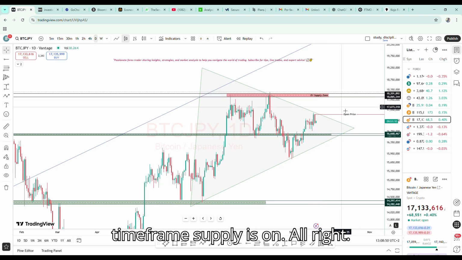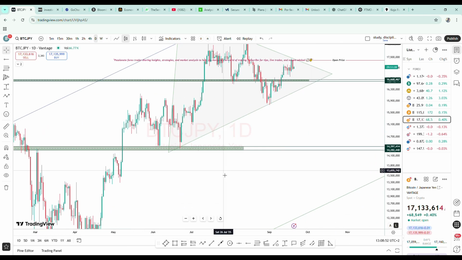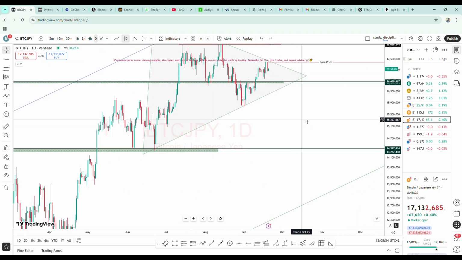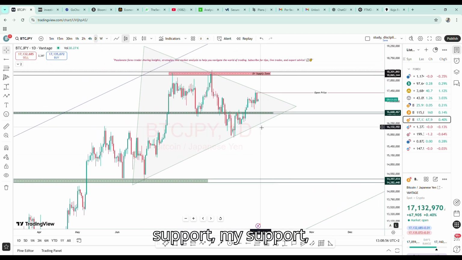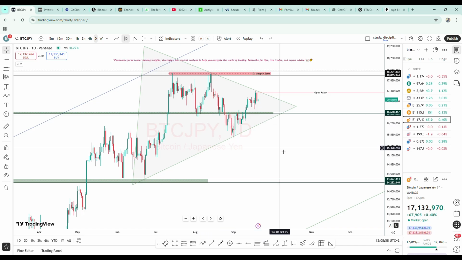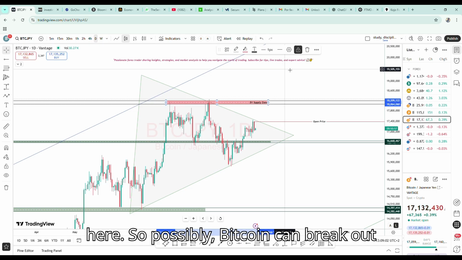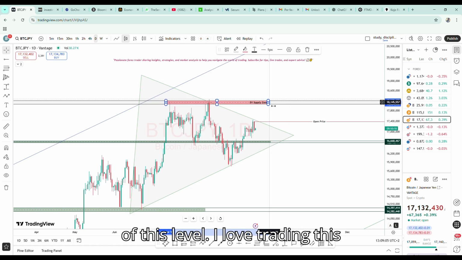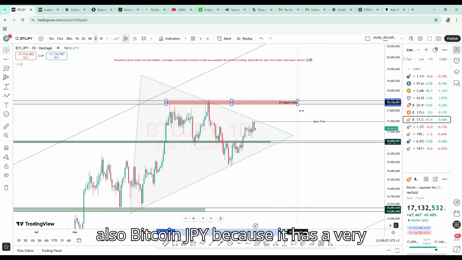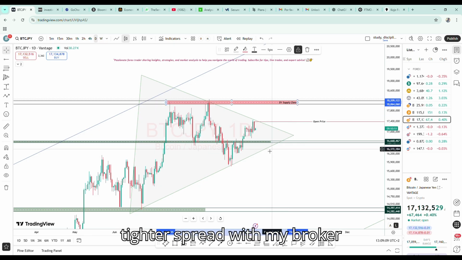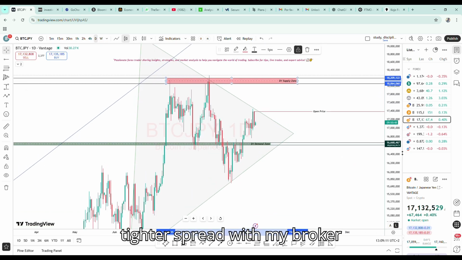Daily time frame supply zone. Alright, on my daily time frame, my support, another support here, and then a resistance here. So possibly Bitcoin can break out of this level. I love trading Bitcoin JPY because it has a very tight spread with my broker.